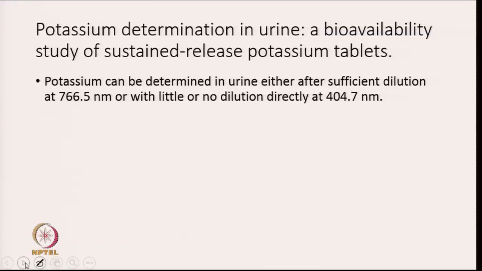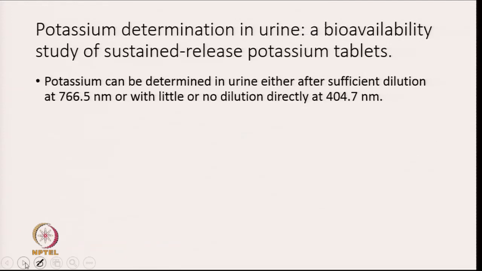Potassium determination in urine is basically done to look at the bioavailability study of sustained release potassium tablets. So, if you want to look at the bioavailability of any drug which has a metal ion, you can look at the amount of that metal in the urine sample.